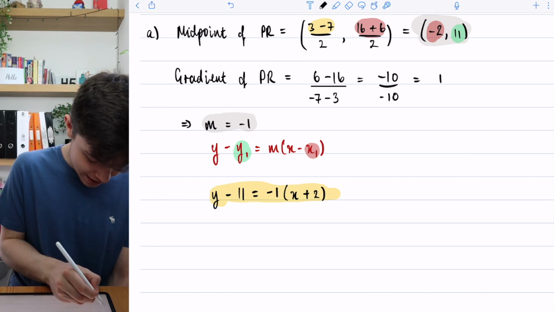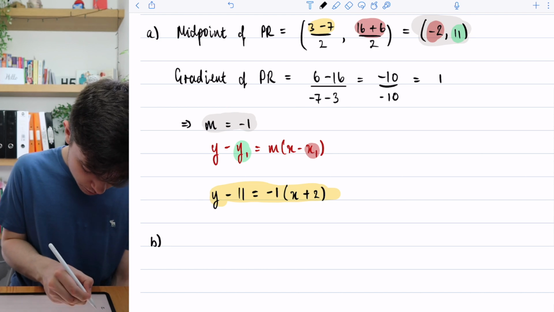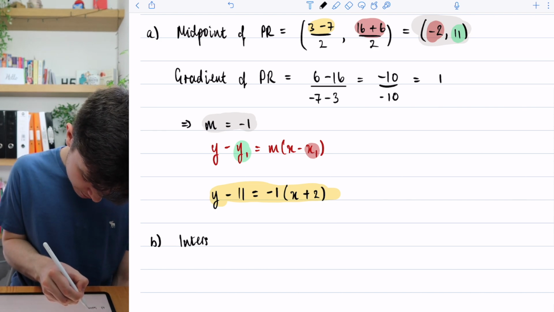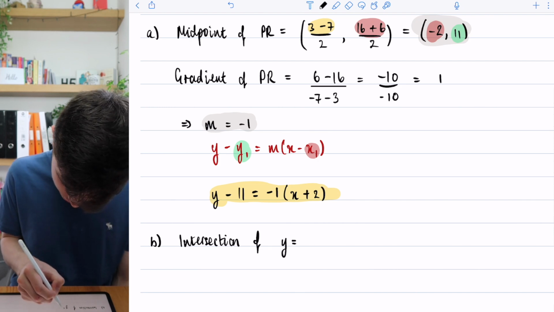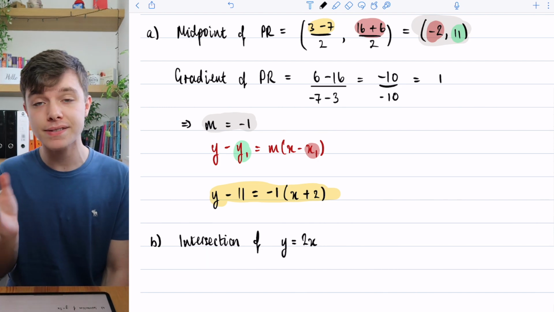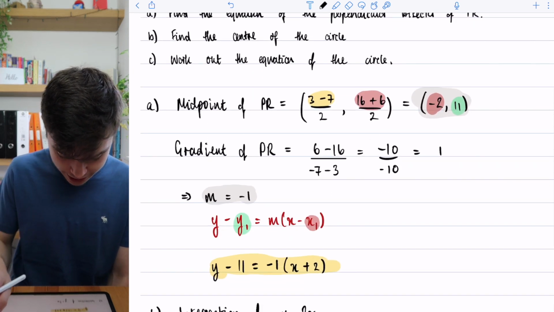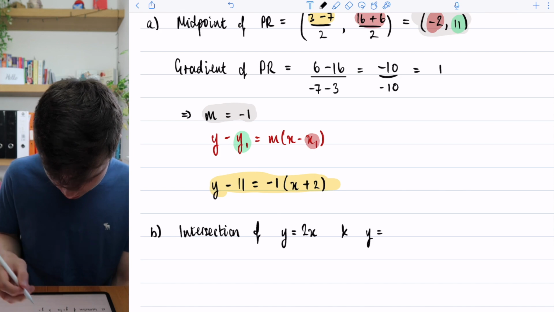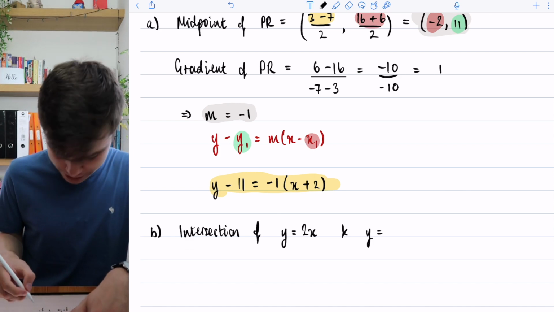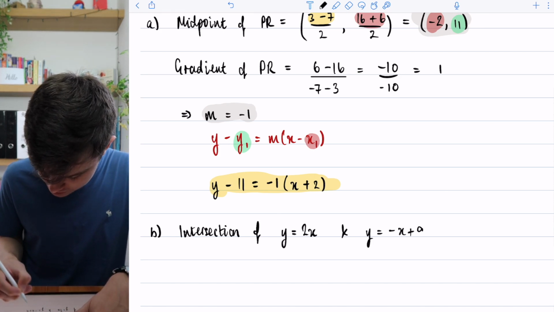Let's work out the intersection of y is equal to 2x, the equation of the bisector of PQ, and y is equal to, let's write it in mx plus c form, minus x plus 9.